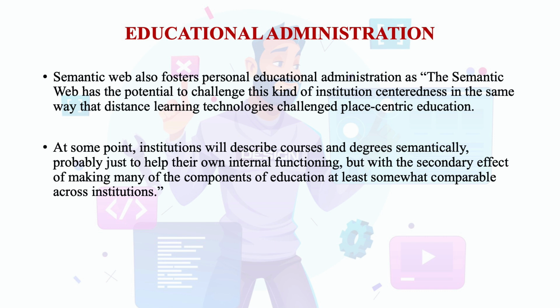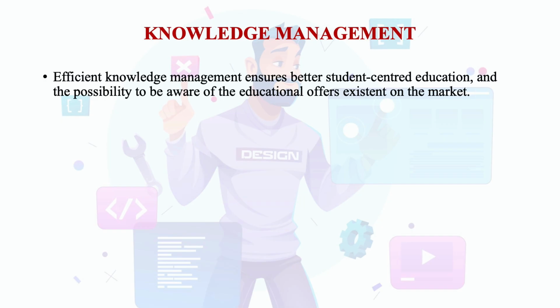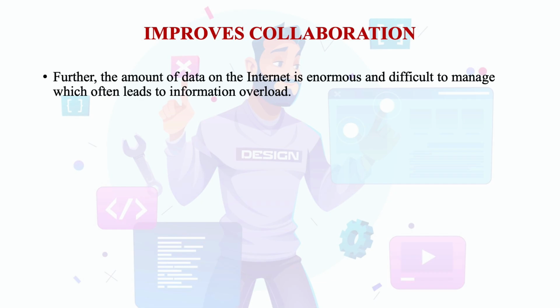Another application we can think about is knowledge management. Efficient knowledge management ensures better student-centered education and the possibility to be aware of the educational offers existing on the market. So it improves collaboration. Further, the amount of data on the internet is enormous and difficult to manage, which often leads to information overload.